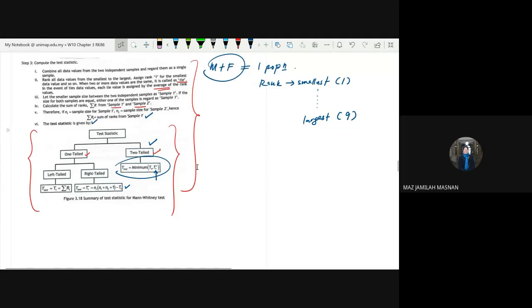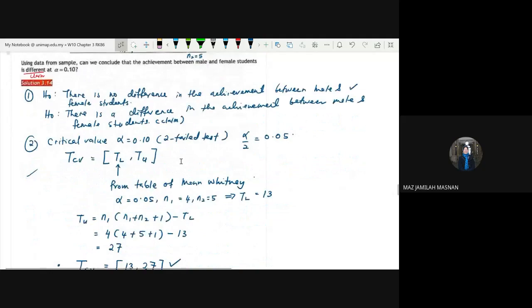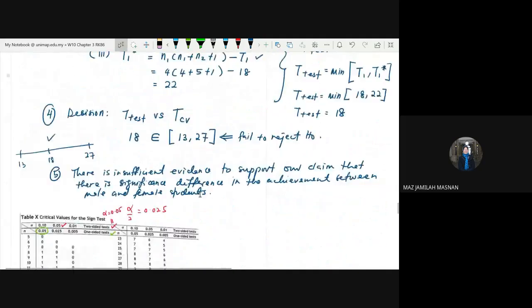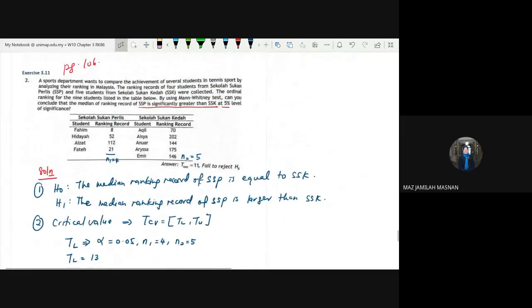T1 is from the ranks of your first sample, the smallest sample. So let's put the ranks over here, where N1 is 4 and N2 is 5.